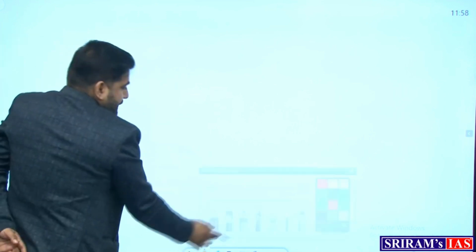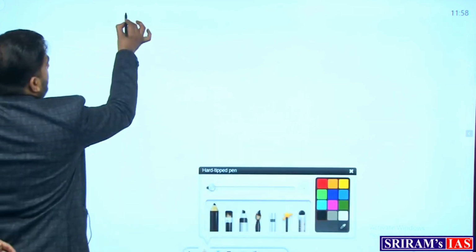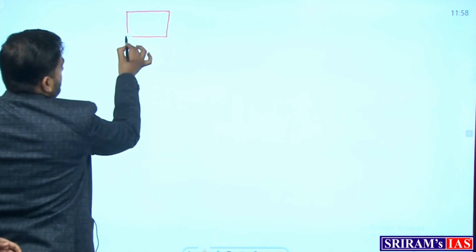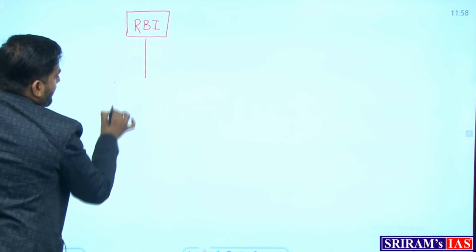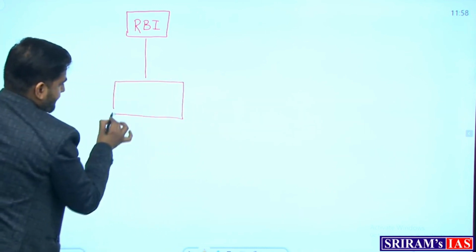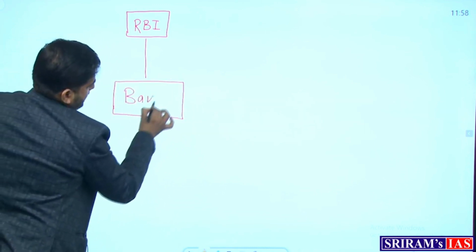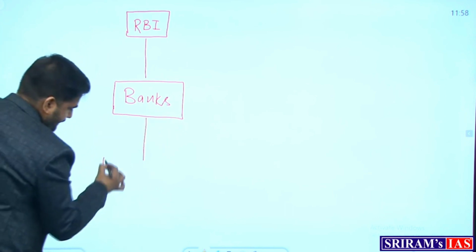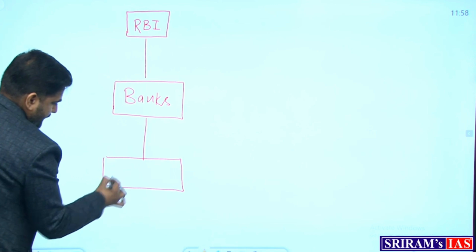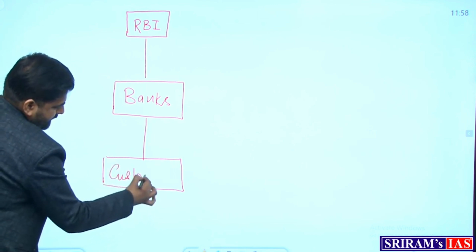See, yesterday I explained one concept known as monetary policy transmission. Yes or no? This is RBI. This is banks. Then we have the customer. Clear?